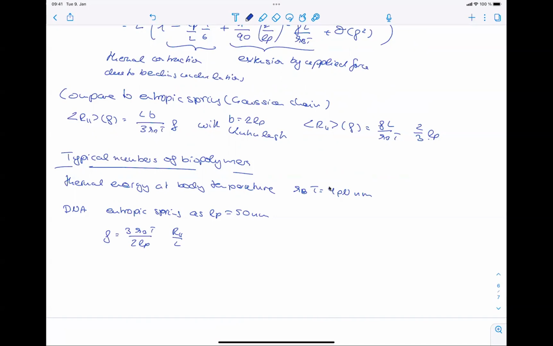So the force to stretch, say, a DNA of 10 microns by 10%, so to 11 microns, if we plug in these numbers, this would be 0.1 piconewtons times L. So say L is 10 microns.